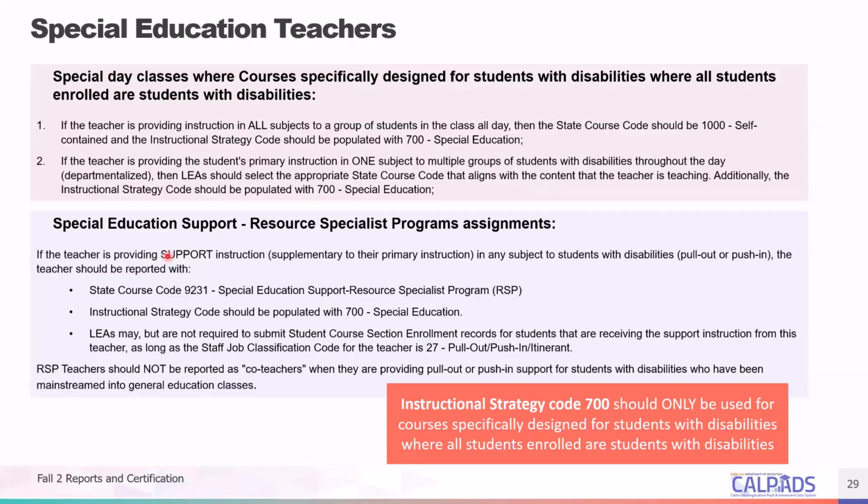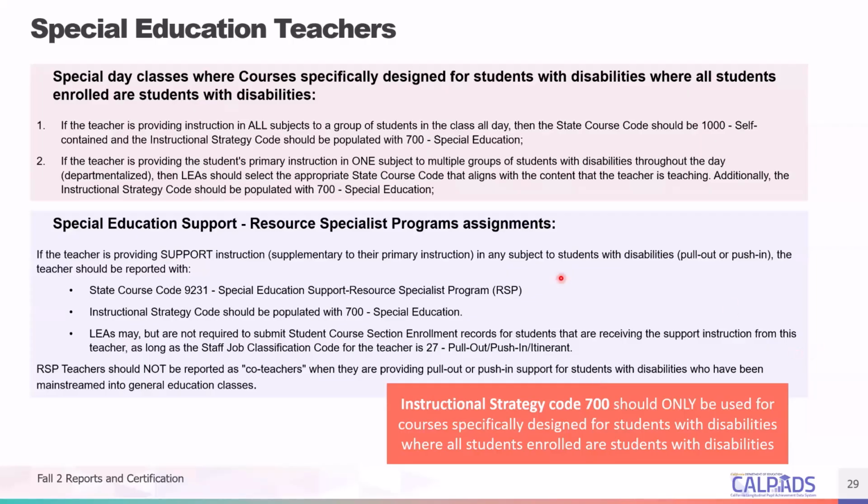You can't just report both the mainstream teacher and the RSP teacher as team teaching that specific class, because when CalSAS conducts their validations and assessment later on, if that RSP teacher does not have the appropriate credentials for that state course code that they are team teaching, then you will get a misassignment.